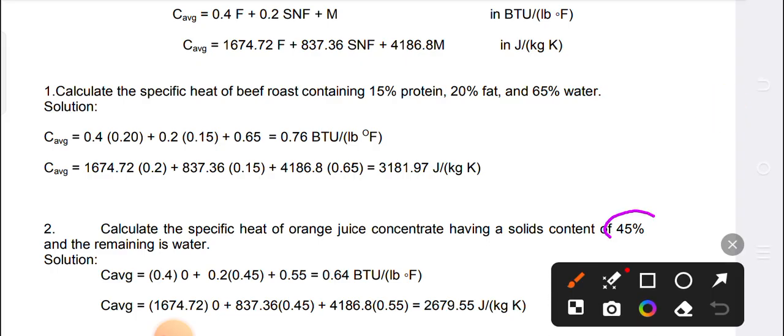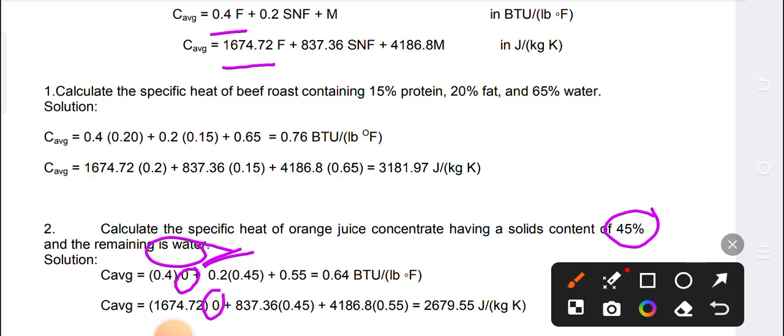So solid daw ito, solid content. Hindi naman niya sinabing fat. It is safe to say that this is the solid non-fat and the remaining percent is water. So you could safely assume that there's no fat here. That's why yung ating formula ng 0.4F or 1674.72F, you have here multiplied to 0 because fat is not present.